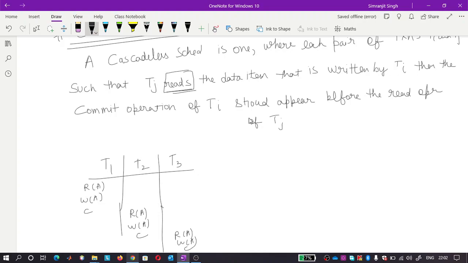If I am reading from committed data, there will never be a cascading abort because the changes are permanent. Now read this particular thing: Tj reads the data item that is written by Ti, then the commit operation of Ti should appear before. So Tj will only read from Ti if there is a commit operation. But it is not talking about anything about the write part. So if I ask, is this a cascadeless transaction?